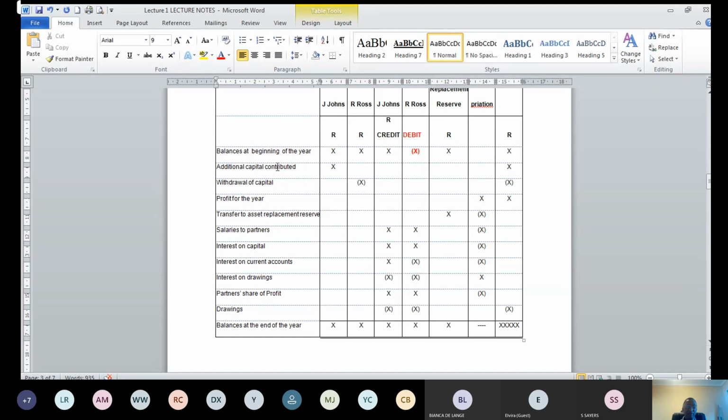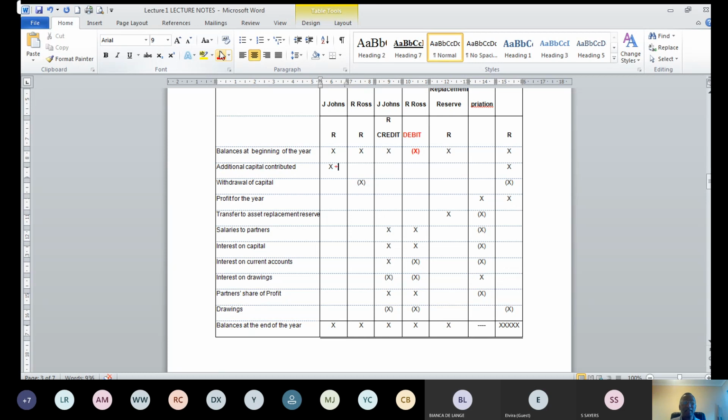Then we will speak about the fact that the first two lines of your statement deal with any increases or decreases to capital during the course of the year. So if the partner has increased the capital, you label it as additional capital contribution, and that is a plus to your capital.